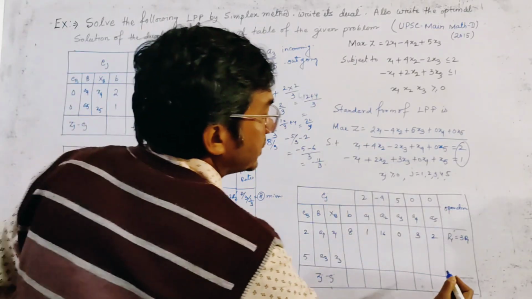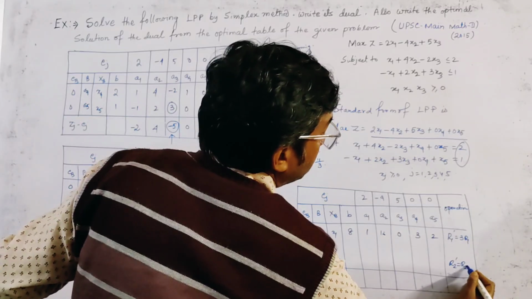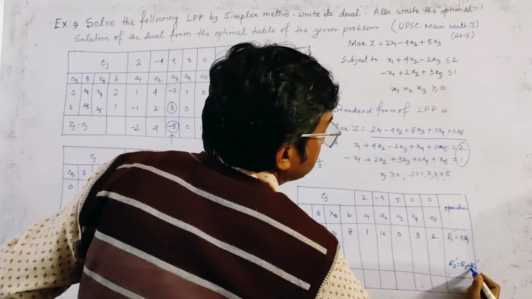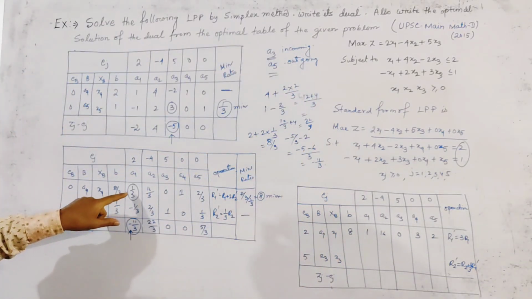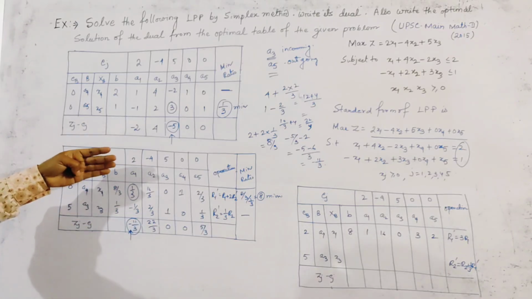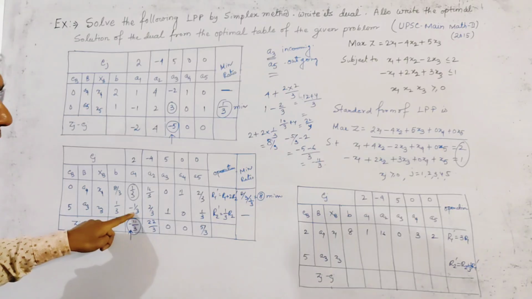We make the operation as R2 dash is equal to R2 plus R1 dash into 1/3. Okay, and we calculate it easily because this is 1/3 and this is minus 1/3. So we add old R1 and old R2. We get easily all the results.